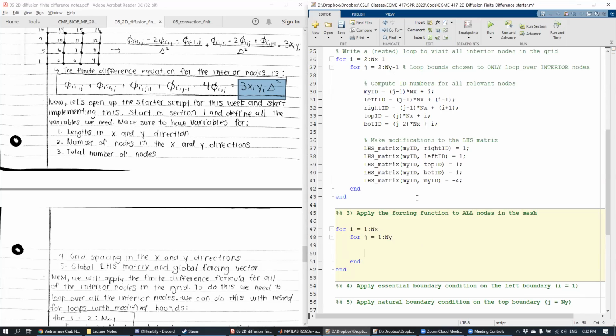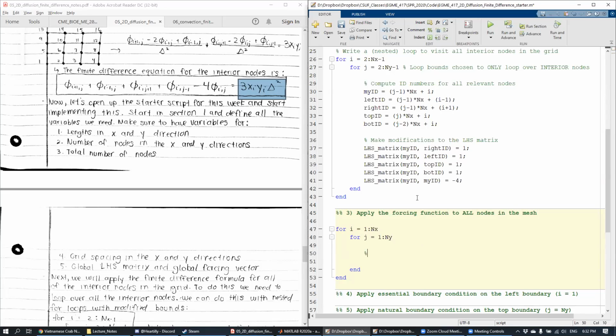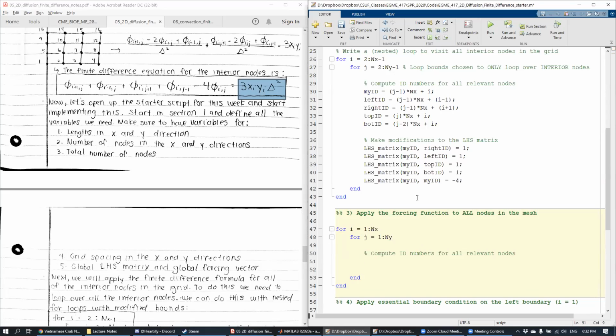And so just like we did before, we're going to have to compute the ID numbers. But in this case, since we're just applying the forcing function, we only need my ID. So we don't need the ID numbers for any of the neighbors because they're not going to factor into what I have highlighted there.